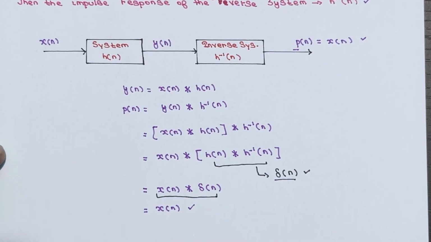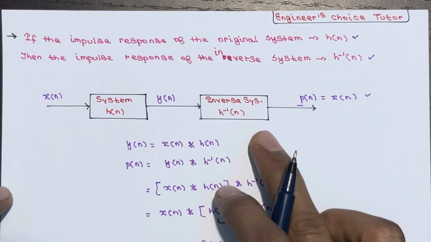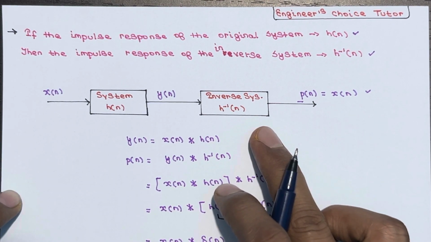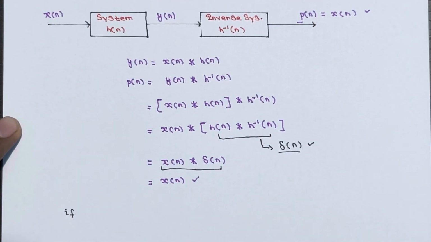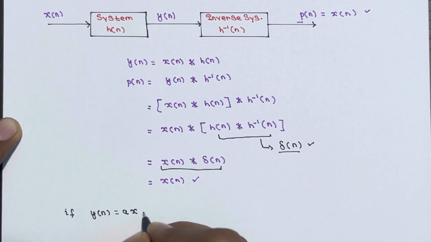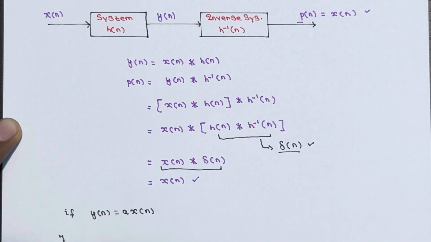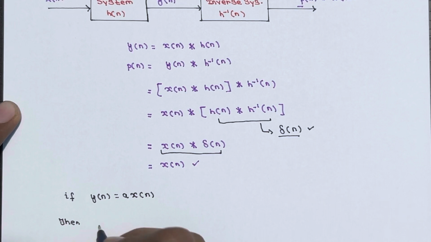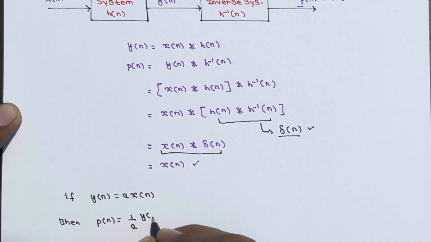As an example, consider the system and its inverse system as shown in this figure, right? Simply, for example, if y of n is equal to a times x of n, then in this case p of n will basically be 1 by a times y of n, right?